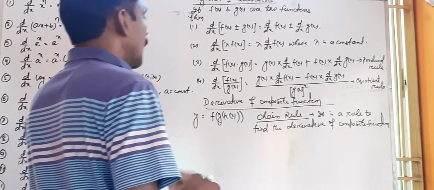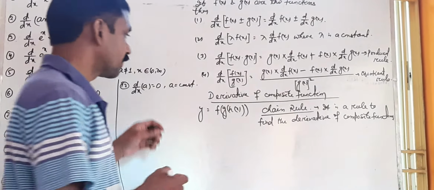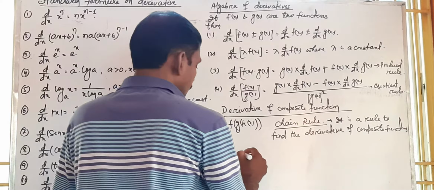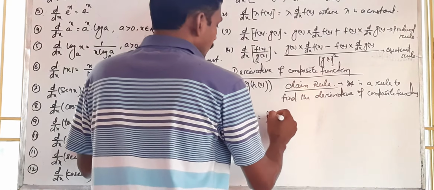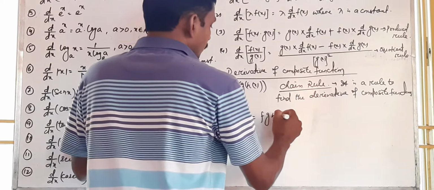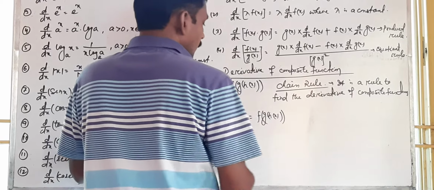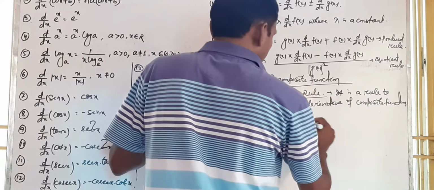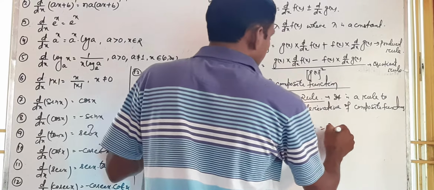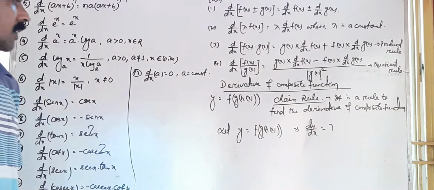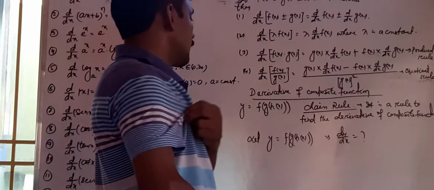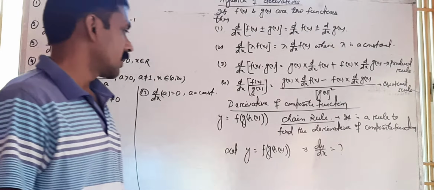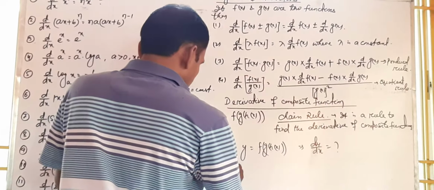Now we will discuss it. Suppose let y equal to f of g of h of x. Then the question is, what is dy by dx? Here three functions are there, f, g and h. So this is the first method.